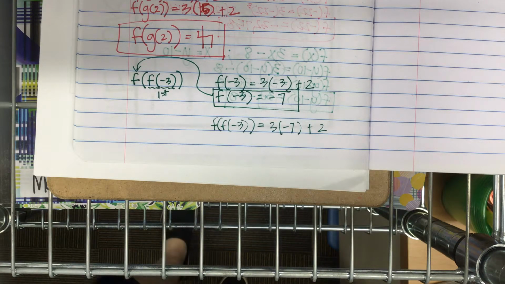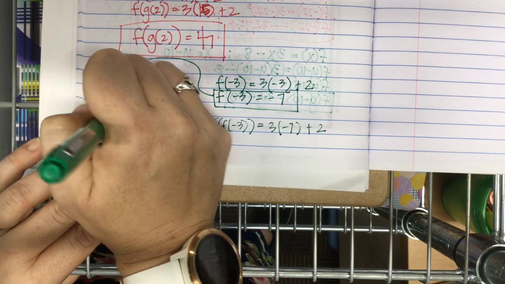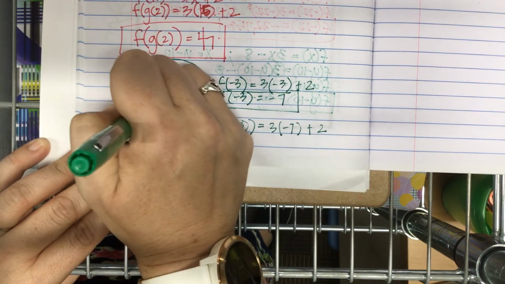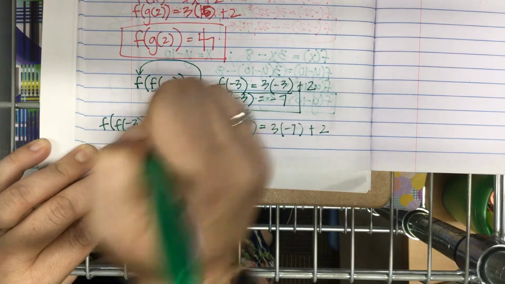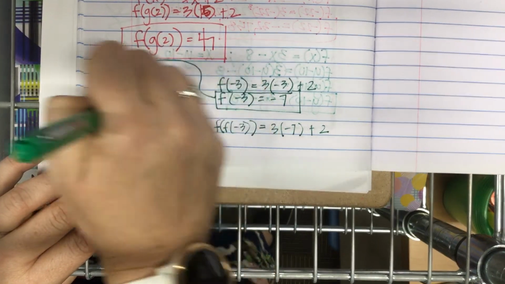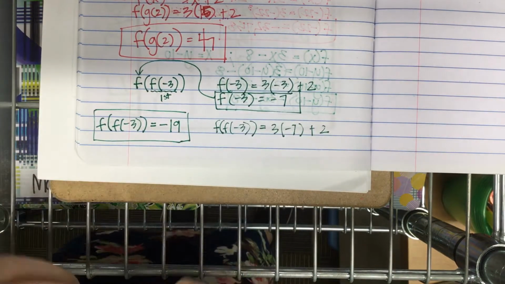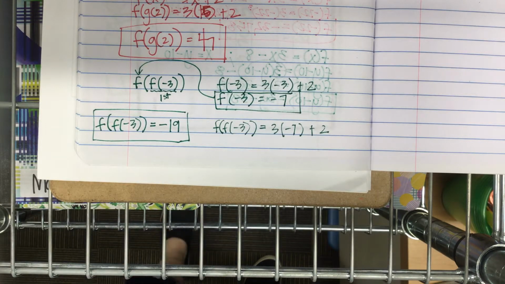Plus 2. So the function of negative 3 is negative 19. It's nested. It's inside of itself.